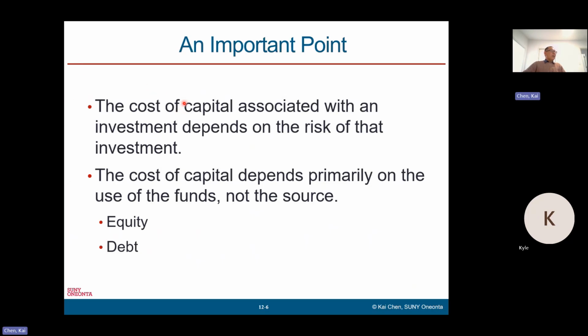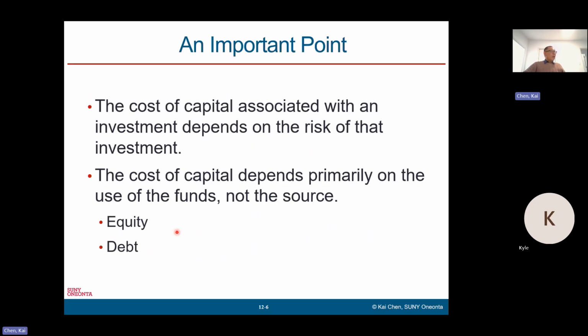Before we move on, I'd like to emphasize an important point. The cost of capital associated with an investment depends on the risk of its investment. Okay, that is the risk return principle. If the company has a higher risk, then the company will pay a higher cost of capital.